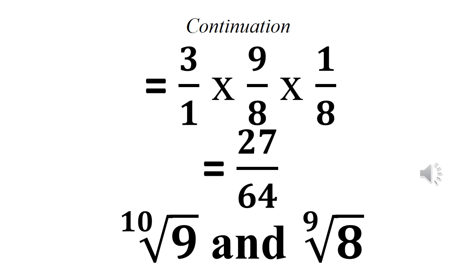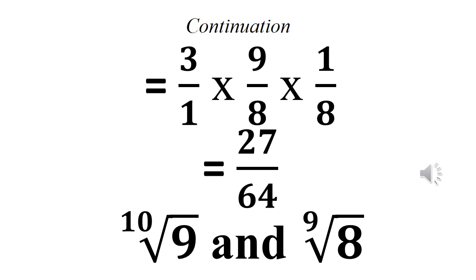So we have 3 over 1. 3 over 1 is the same thing as 3 multiplied by 9 over 8 multiplied by 1 over 8. Then if we multiply the numerators, we have 3 times 9 times 1, that's 27. Then denominators, 1 times 8 times 8, that's 64.